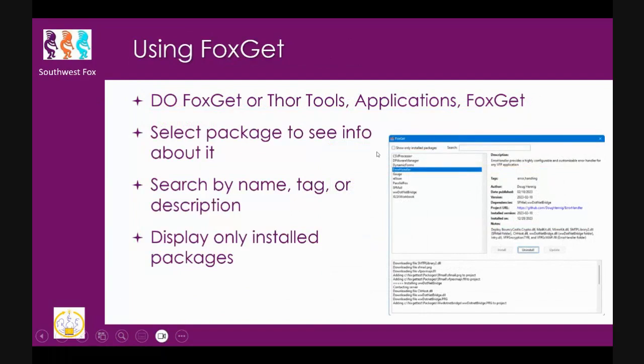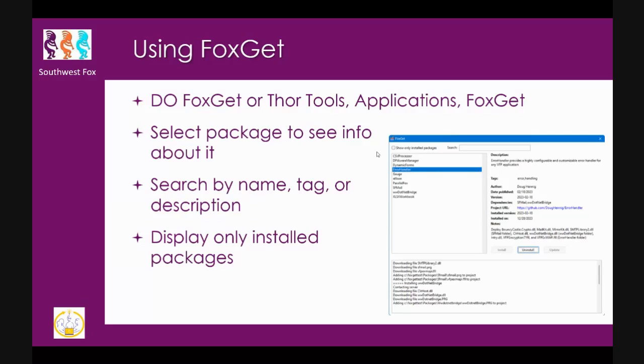All right, so using FoxGet, there's a couple ways you can launch it. One is you can just do foxget.app, or if you did install it using Thor, you choose Thor Tools, Applications, FoxGet. I'll show you the UI in just a moment, but it's going to look like the screenshot over at the right here. You can select a particular package, and I use that term because that's what NuGet uses. Think of it as a library.